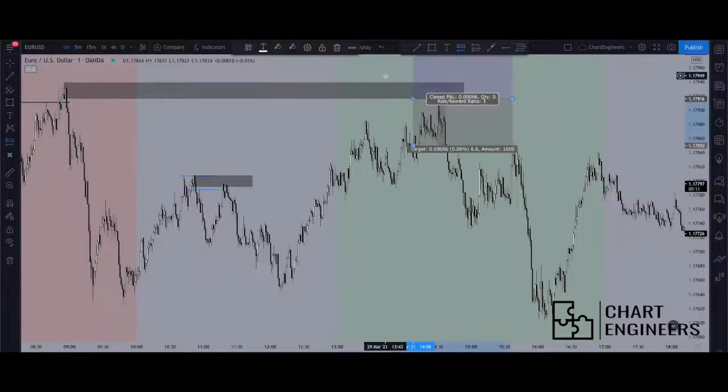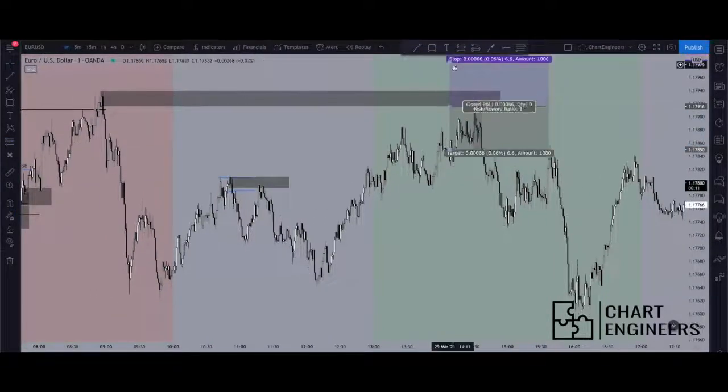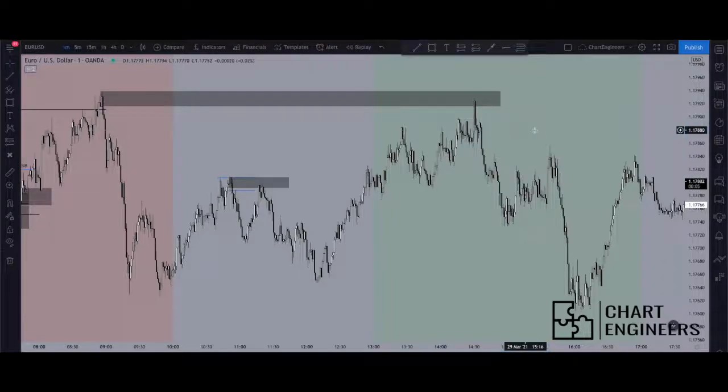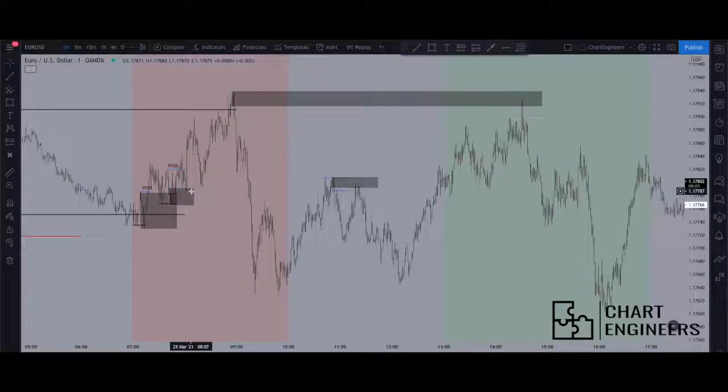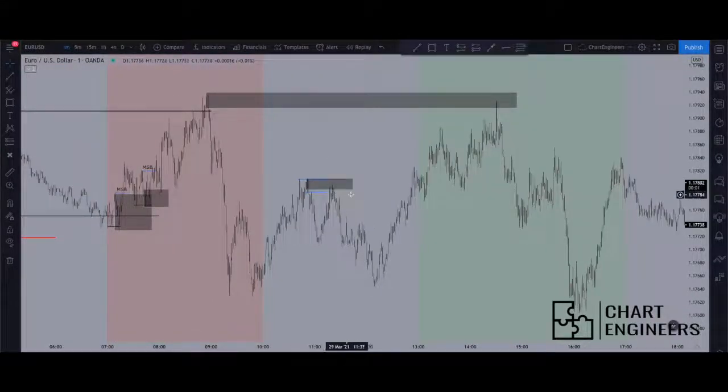So this is another +3R, and then you have that +3R from here. Then if you ended up taking this trade, you could have got another +3R here.